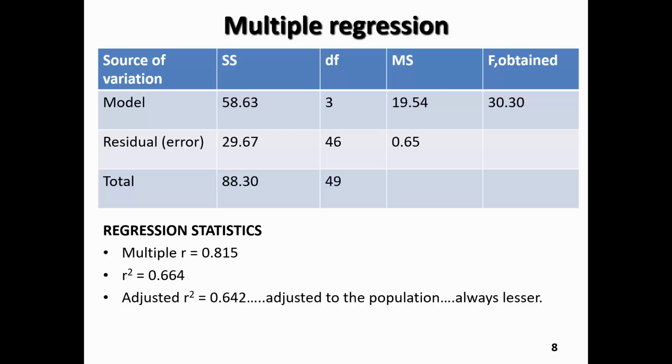And so the adjusted R-squared is a calculation where the data R-squared is adjusted down for the population. And it's always going to be that lesser value.